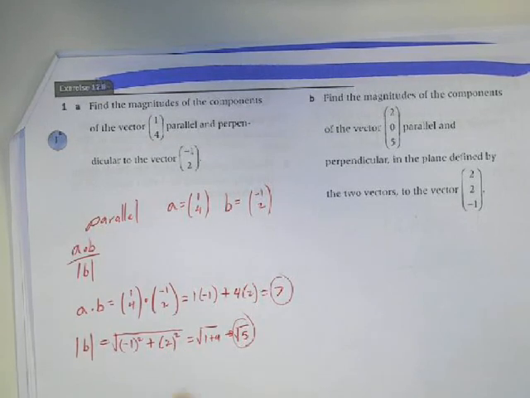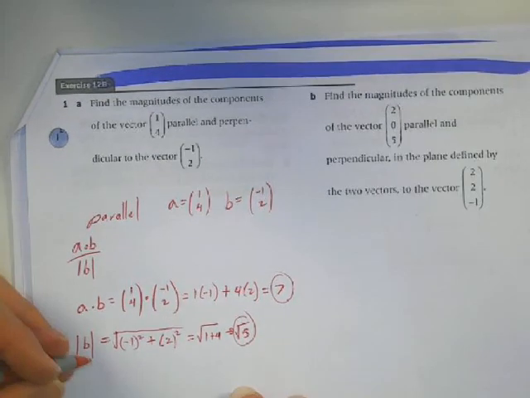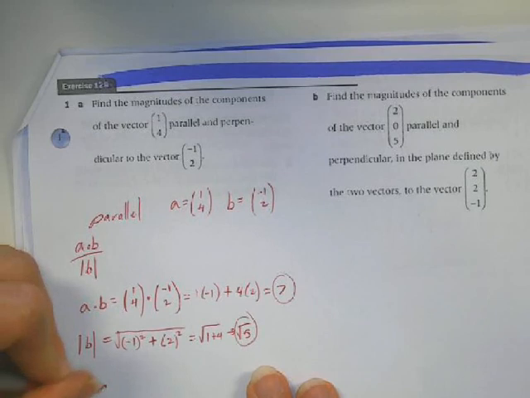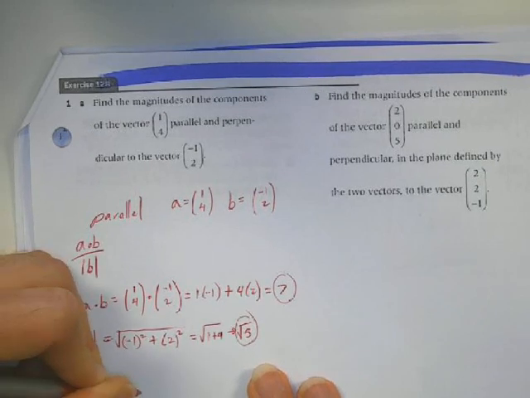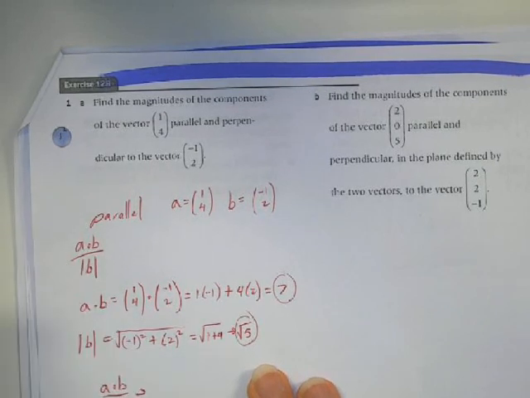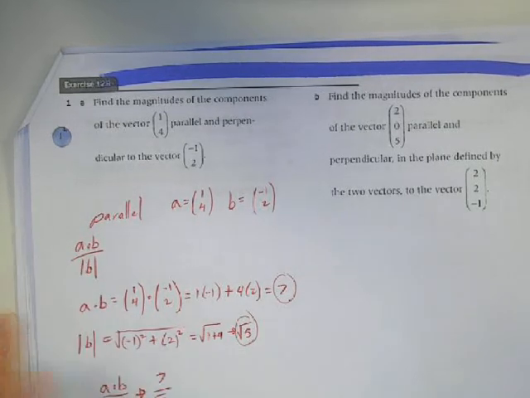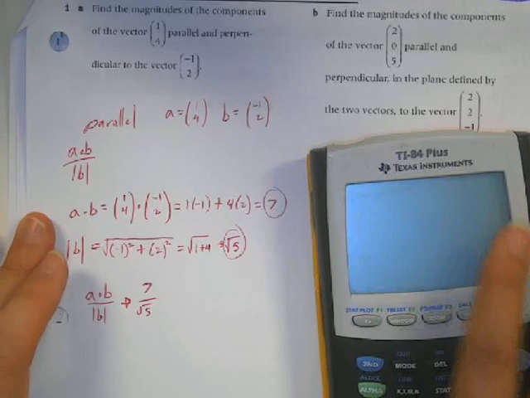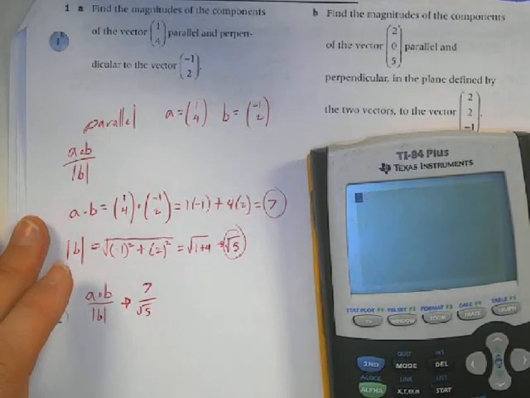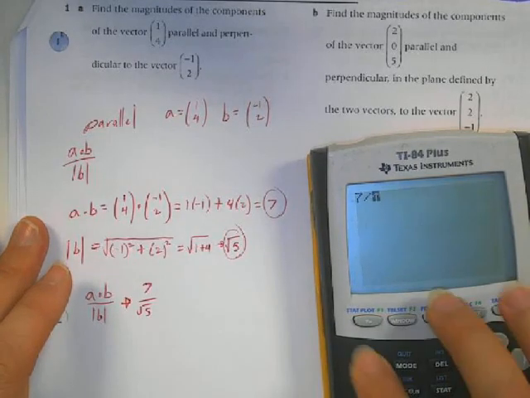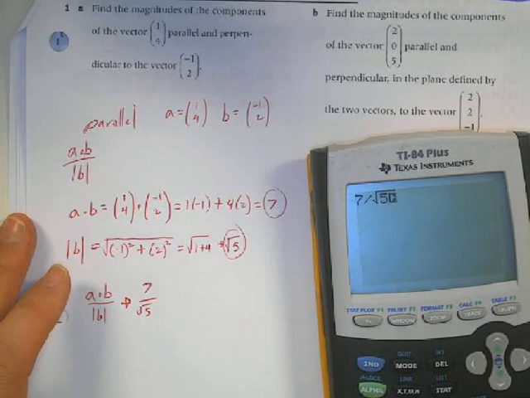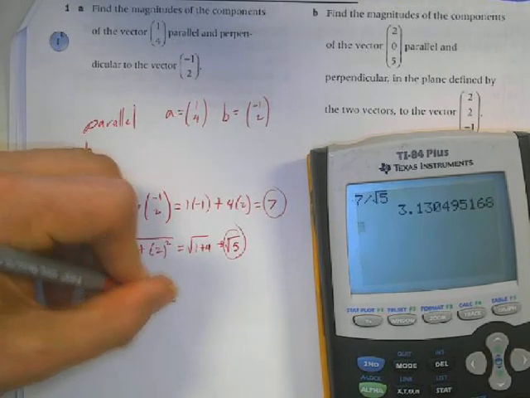Okay, so now I've got what I need to get parallel. A dot B over the magnitude is 7 divided by the square root of 5. If I plug that into my calculator, we get 3.13.